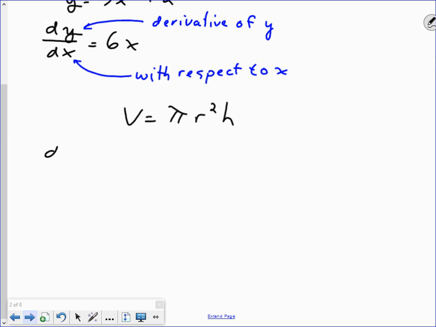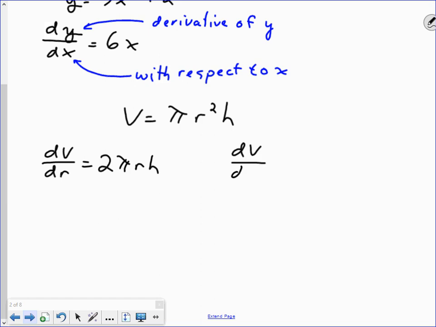So we could take dV/dr, i.e. the derivative of volume with respect to r, or the rate of change of volume with respect to radius, and that would give us 2 pi r h. Basically, we're just bringing down the 2, we're keeping the pi as a constant, and we're treating the h as a constant too, so it doesn't change our derivative.